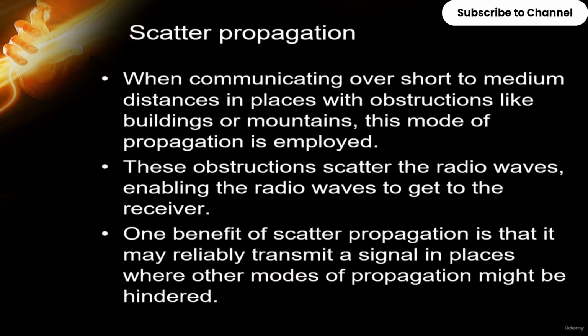When communicating over short to medium distances, when you face obstructions like buildings, mountains or trees, the mode of propagation will be the main issue. These obstructions scatter the radio waves and it will disrupt the communication with the receiver.